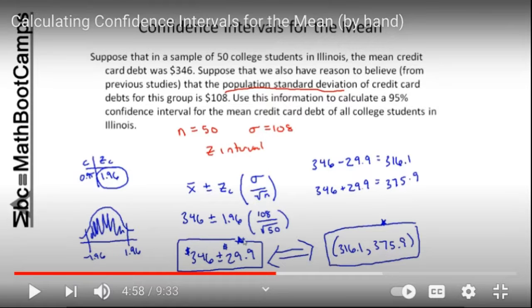You're going to end the question, and your statement is going to be: the 95% confidence interval for the mean credit card debt of all college students in Illinois is between $316.10 up to $375.90. Is anybody not clear about that?